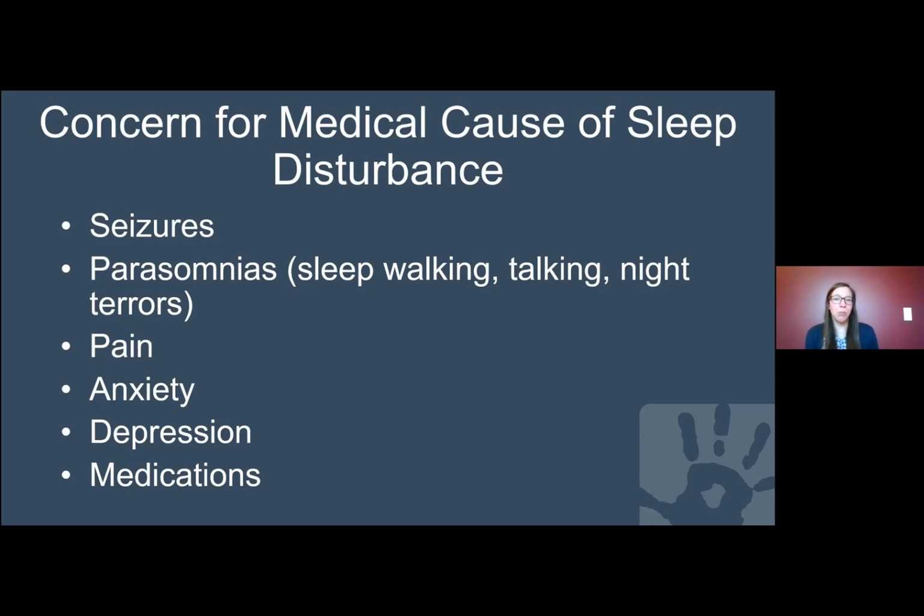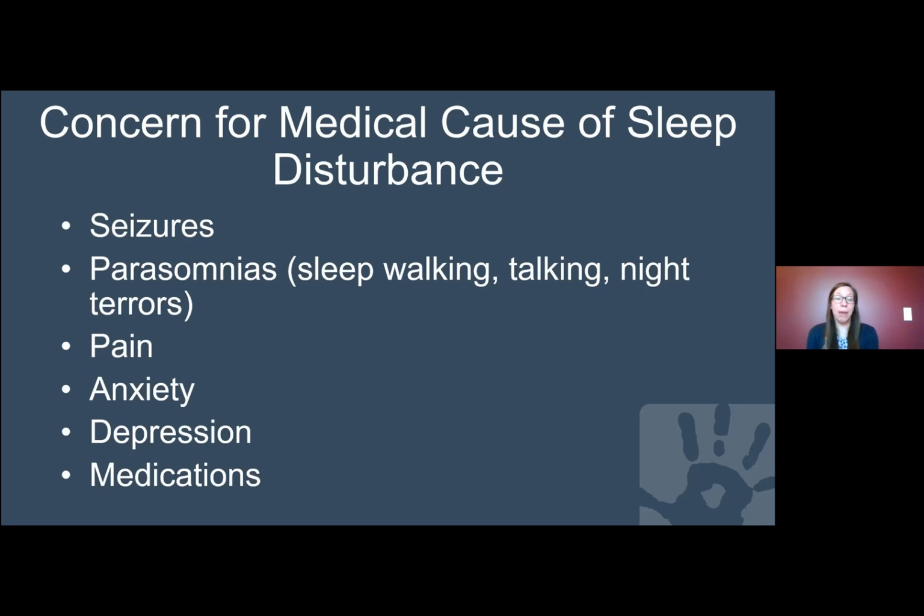Parasomnias, like I mentioned, sleepwalking, sleep talking, the night terrors can be a medical cause of sleep disturbance. And the only reason we tend to worry about parasomnias is if they are a little bit on the unusual side and look like a seizure, and then we might do a sleep study to evaluate that.